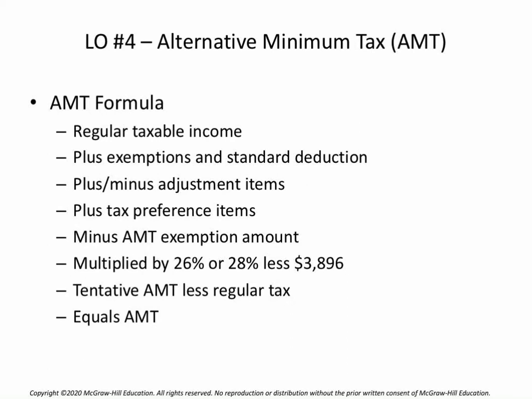And the example that you can think of here is if we have an extremely high income, high earning taxpayer, but they may be able to take a significant amount of deductions for either charitable purposes or for state and local income taxes that are paid. They may be able to use those deductions to reduce taxable income to an extremely low amount.